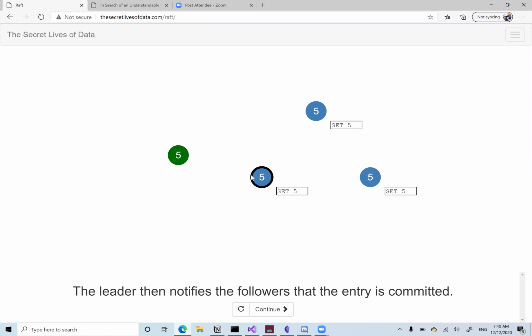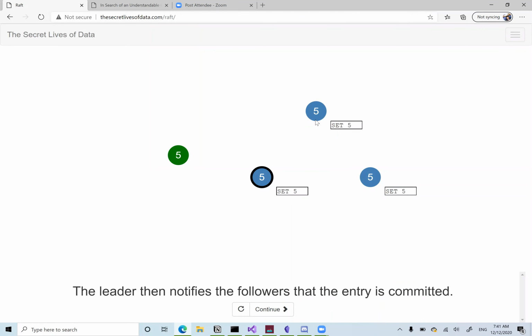At that point, let's say the leader dies. What happens in that case? These two nodes have set 5 in uncommitted state, and now we don't have a leader in the system, so leader election will happen.